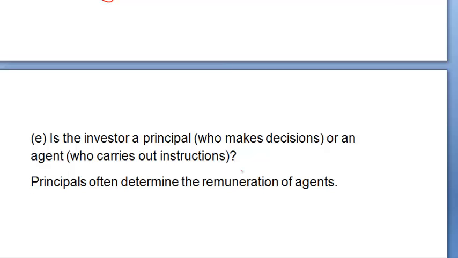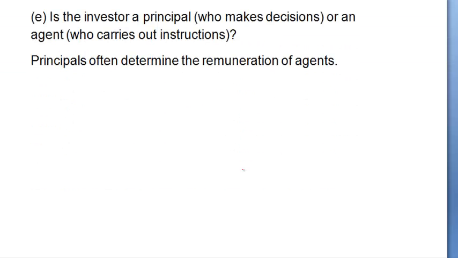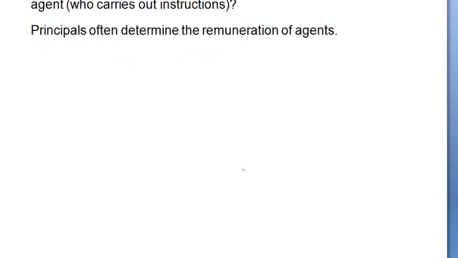Now, we next say, is the investor making the decisions or simply carrying out the decisions? So are we looking at a principal and agent relationship? And we can test for this because principals often have some form of payment to an agent. So what we could have here is we've got C incorporated, and then we've got Mr. W, and Mr. W owns 100% of X incorporated.